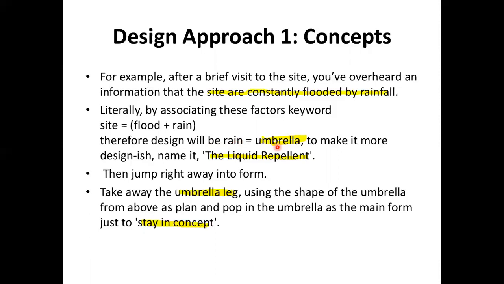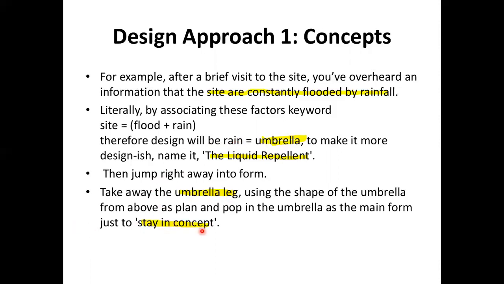And the most common way to save yourself from rain is an umbrella. Then we take away the leg of the umbrella, and its upper cover is used as a roofing system. Using the shape of the umbrella from above as the plan, and popping in the umbrella as the main form just to stay in concept.